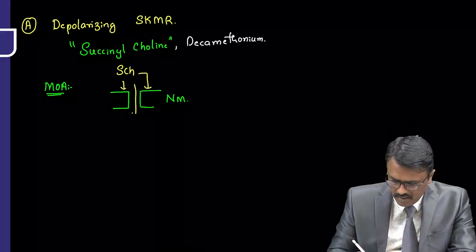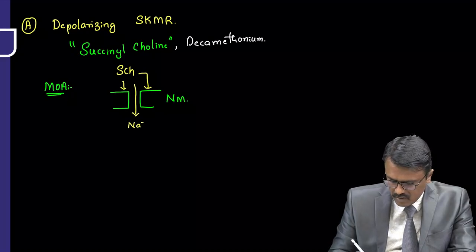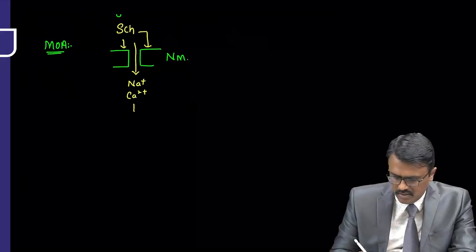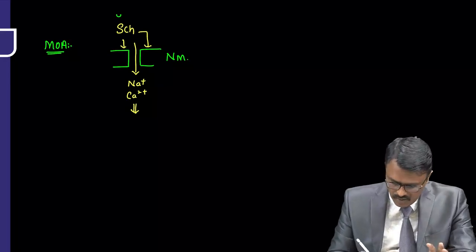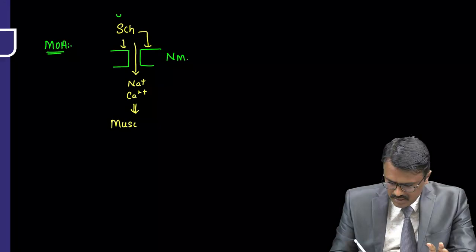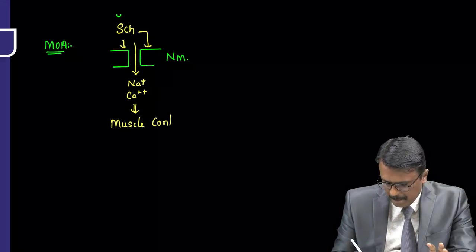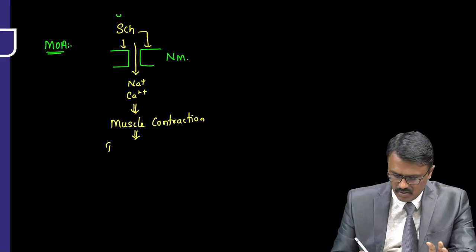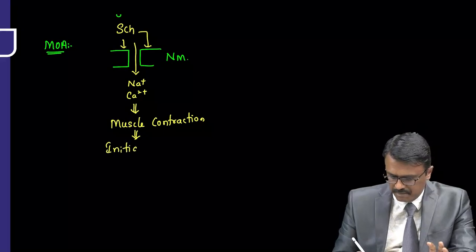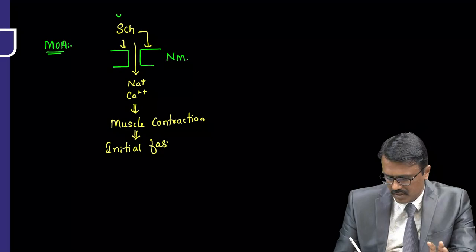The ion will enter, that is sodium. So along with sodium, calcium also will enter inside. So what you see is, initially you see the muscle contraction, and that contraction is what we mean by the fasciculations. So initial fasciculations are seen.